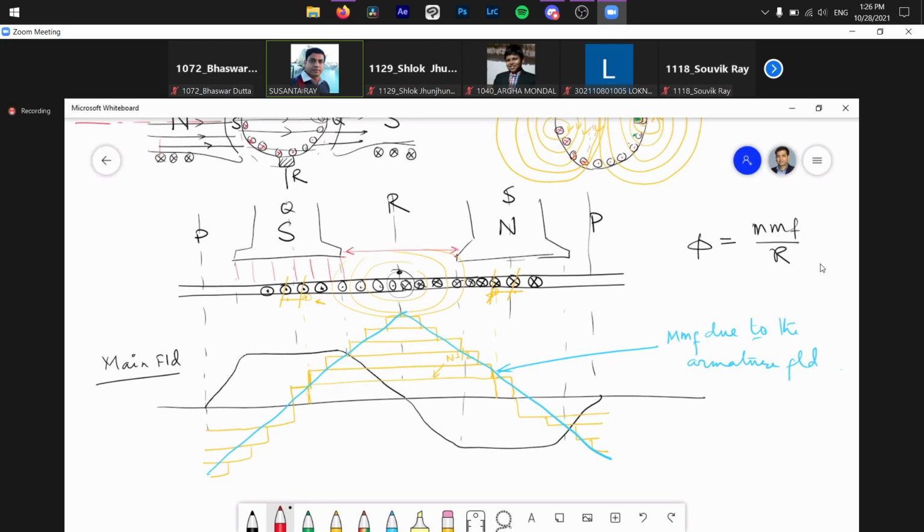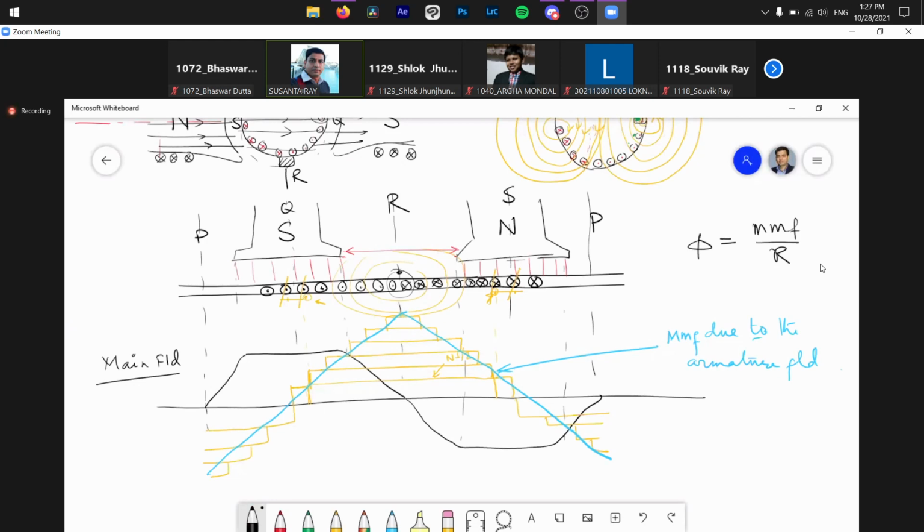Isn't it? Am I right? Again, under the North Pole, the air gap is quite small, so reluctance will be less. But between these two pole shoes, the reluctance will be quite high. And as the reluctance is very high, though the magnetic field due to the armature field is peak at that point, it could not generate that amount of magnetic flux due to the high reluctance.